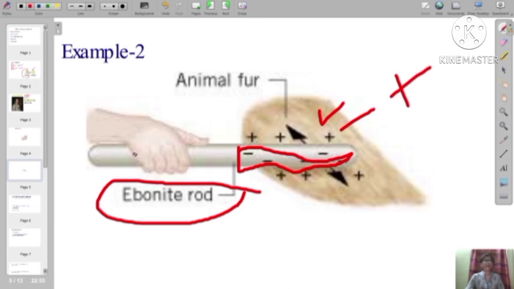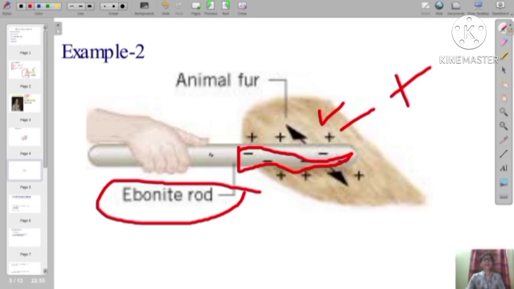When an ebonite rod is rubbed with fur, the ebonite rod acquires majority negative charge carriers and fur acquires majority positive charge carriers. How does it acquire majority carriers? Just by transferring its charges to the other. Only by the transfer. I hope you have understood.